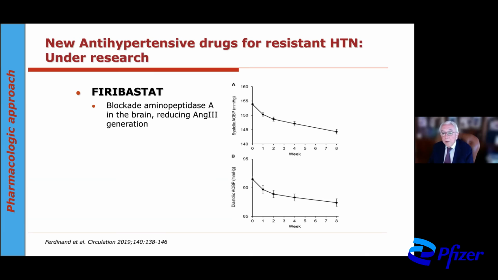Then this is a drug that we are also testing in a trial. We used it in one trial that is practically finished, and we are starting another one in which this is added, in patients with refractory hypertension, and another in lack of control after 2 drugs.